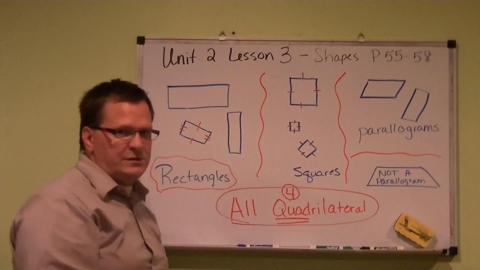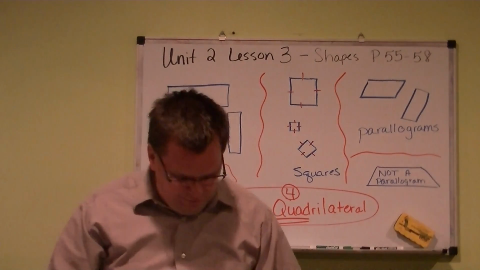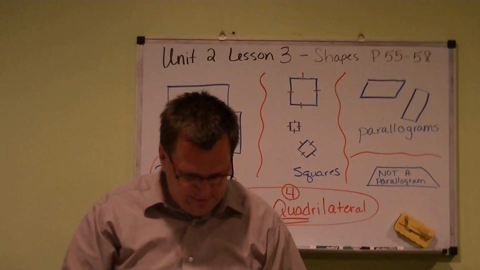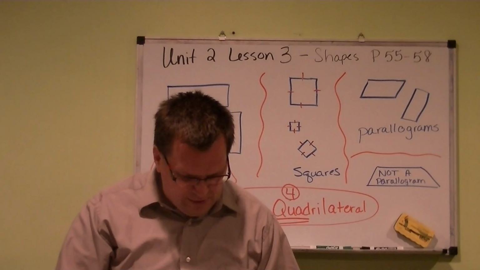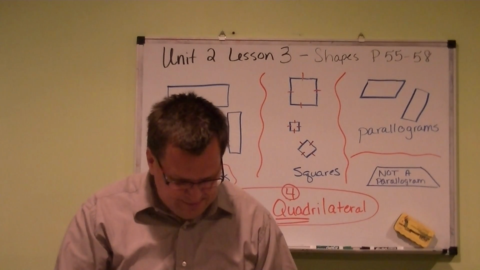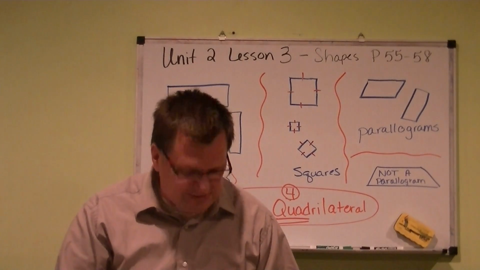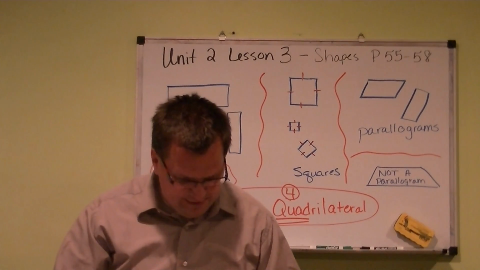So they're all considered quadrilaterals. And if you look at page 55, they give you some different shapes. A parallelogram is a quadrilateral with opposite sides that are parallel, or with opposite sides that are the same length. To give you an idea.